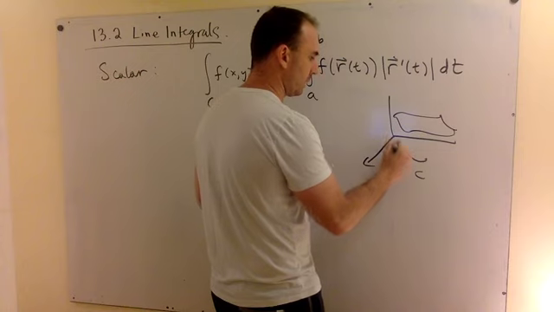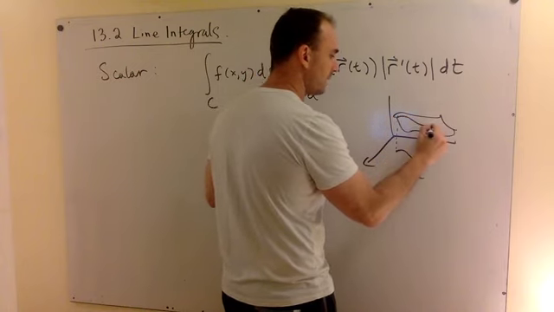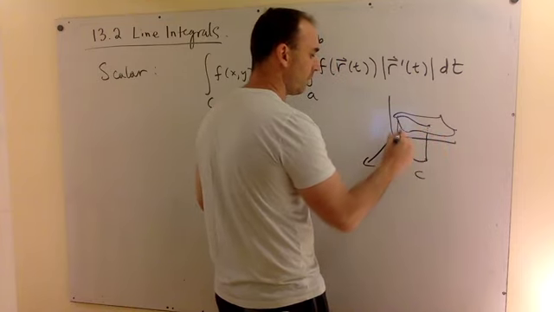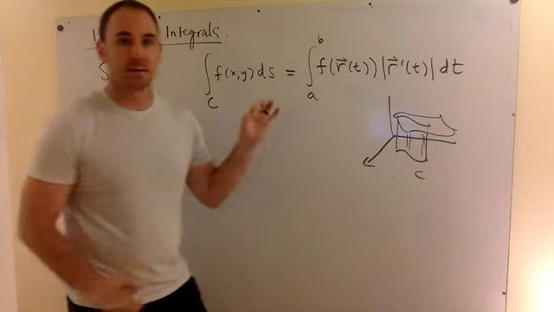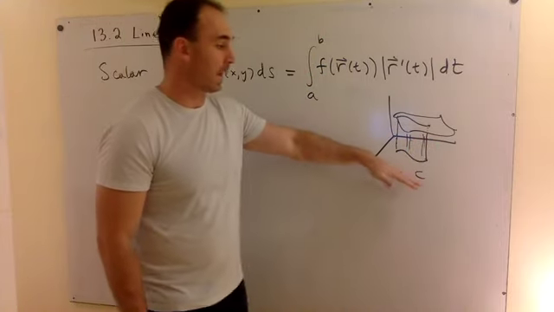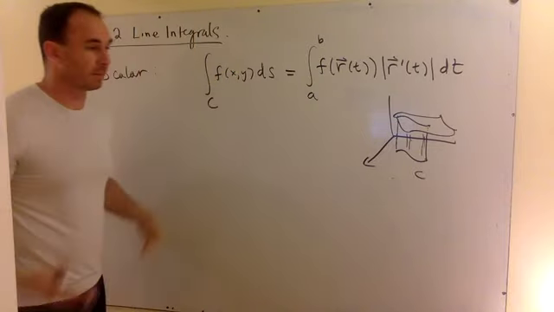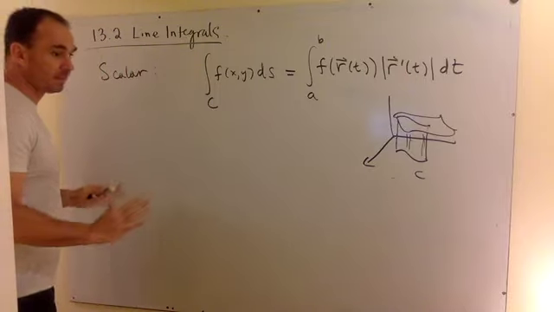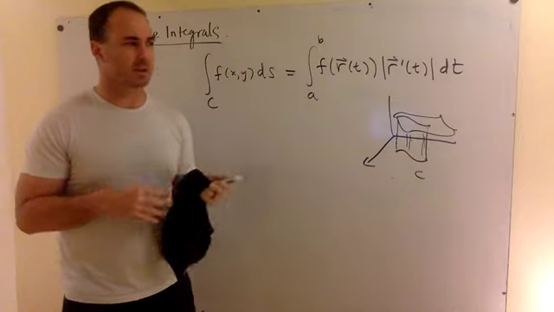When you plug in all the points along C into the function, you get some type of curve up on the surface. And the area of this little sheet below the surface and above the curve only is given by this formula. That's scalar line integrals, and I did 2 of those yesterday.